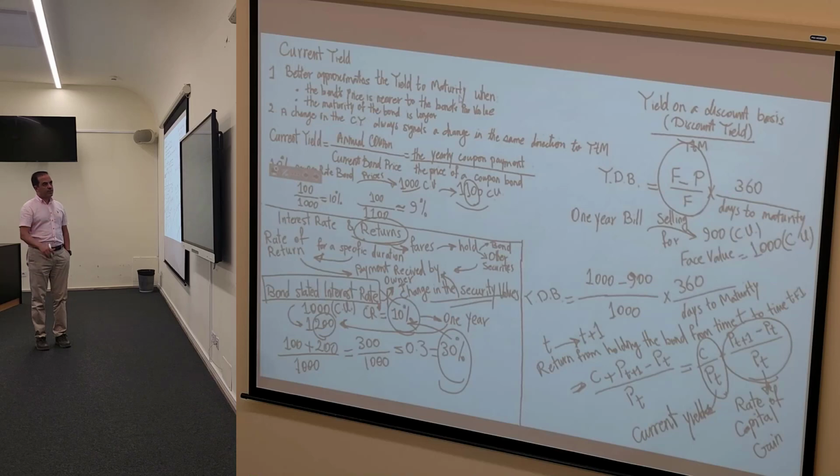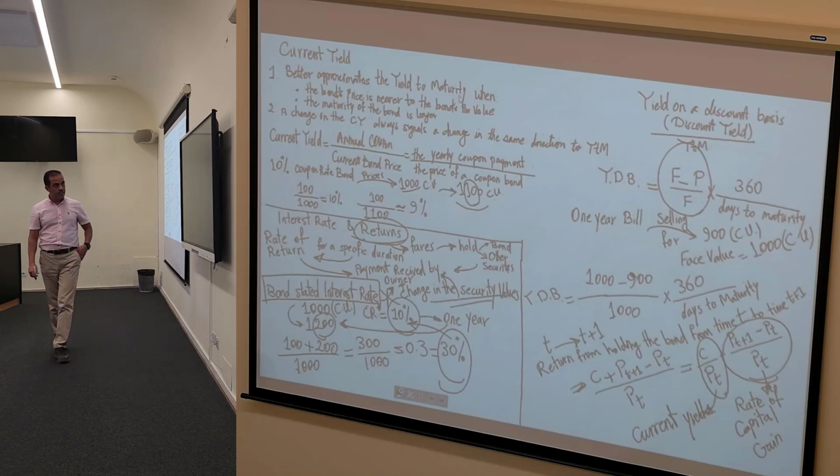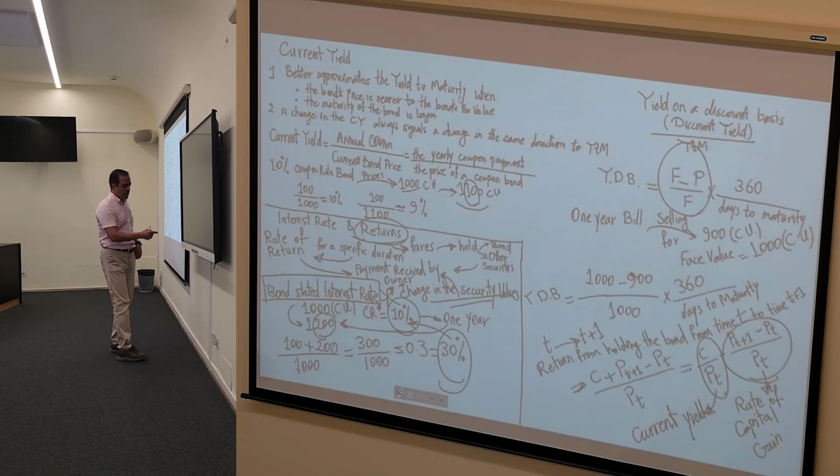So the current yield, the yield on discount basis, and the interest rate and the returns, and the distinction between the interest rate and the returns, these are the concepts that we have to consider.